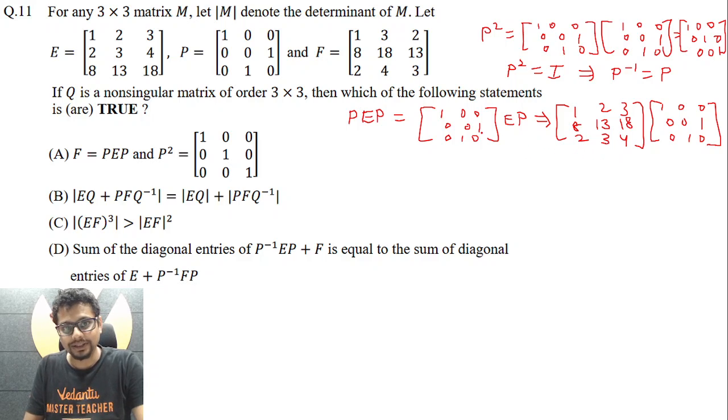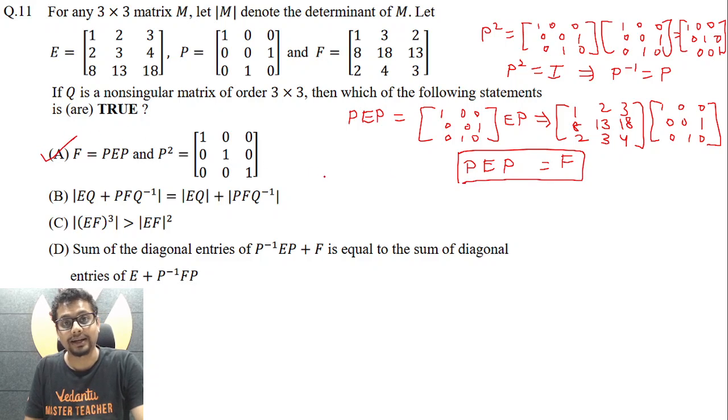So this essentially, if you see carefully, 1 3 2, 8 18 13, 2 4 3. So it essentially is F only. So that essentially means F is indeed PEP. So that essentially means A is correct.